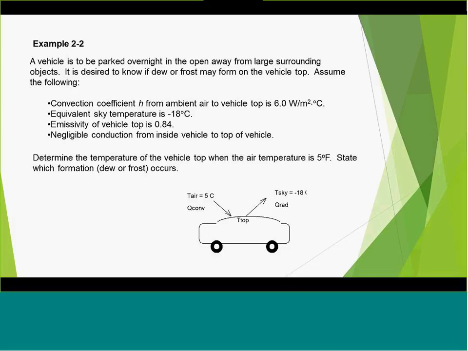The emissivity of the vehicle top is 0.84. Neglect conduction from inside the vehicle to the top, so we consider that. When the air temperature is 5 degrees, we can put it as 5 degrees Celsius, does dew or frost formation occur?